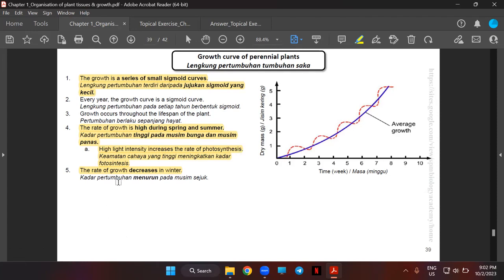The rate of growth decreases in winter due to low light intensity that decreases the rate of photosynthesis. Kadar pertumbuhan menurun pada musim sejuk disebabkan oleh keamatan cahaya yang rendah merendahkan kadar fotosintesis dalam BM. So either number 4 or number 5. Either one.